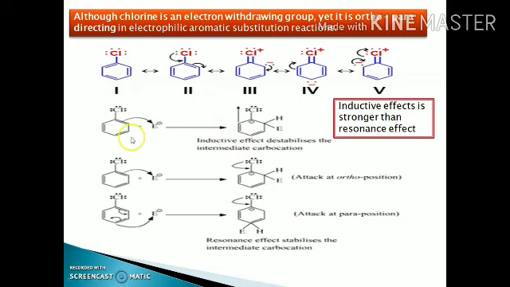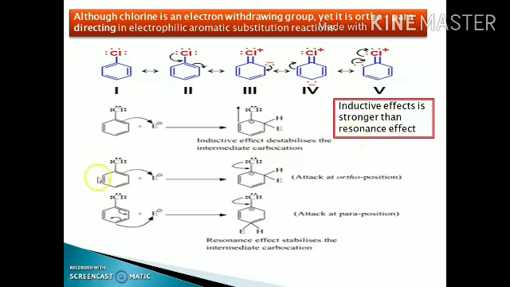What happens in this case is that when the electrophile attacks the pi electrons of the benzene ring, a carbocation is generated, and the negative inductive effect of chlorine destabilizes this carbocation, which is formed as an intermediate, as the inductive effect is stronger than the resonance effect.